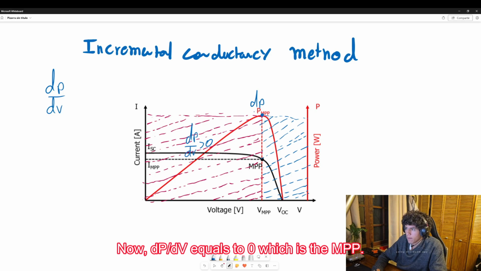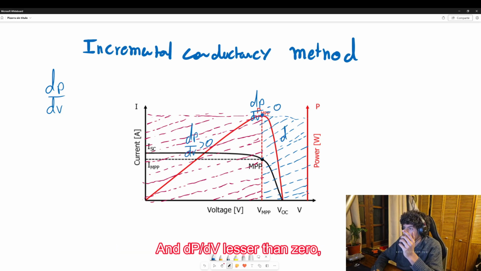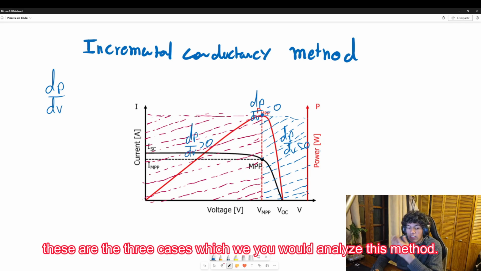Now, dP/dV equals 0, which is the maximum power point, and dP/dV lesser than 0. These are the three cases in which you will analyze this method.